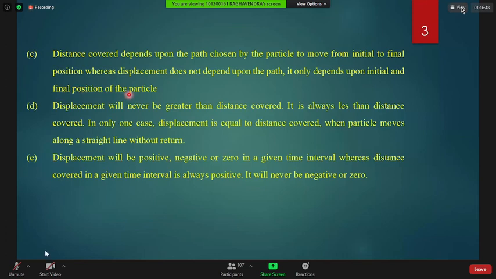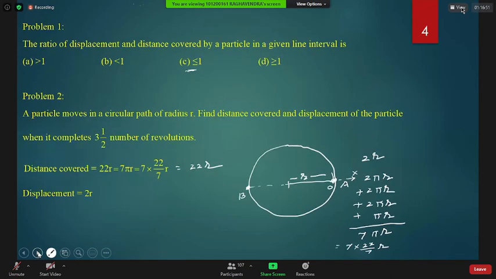So initial position is this, final position is this. This distance is 2r. It does not depend upon the path. That means r plus r, that is 2r. Sir, 3 times will not be considered, because initial and final positions will be same. Yes, you are right.